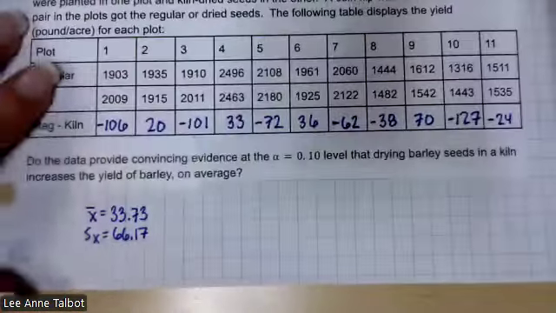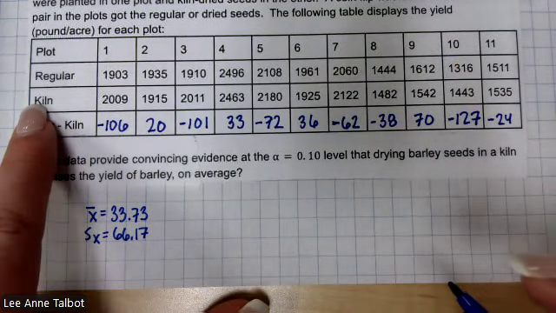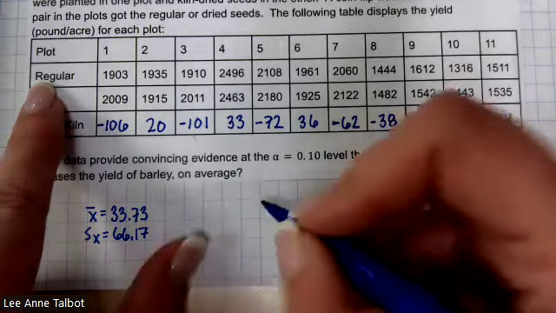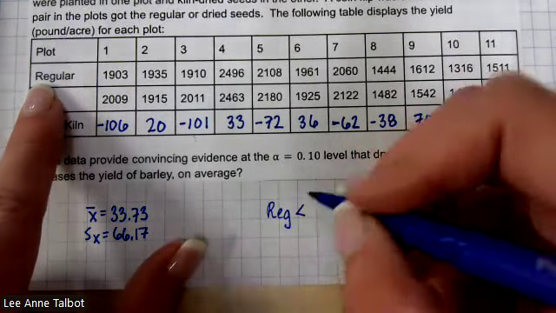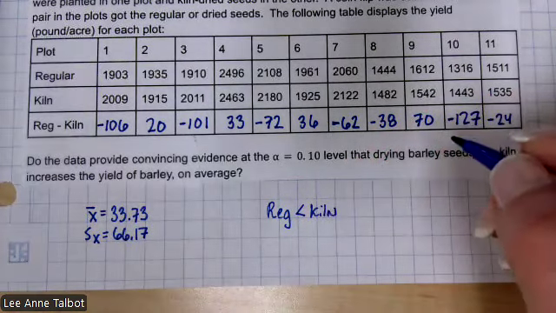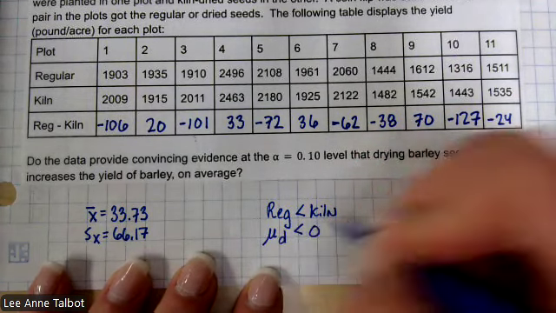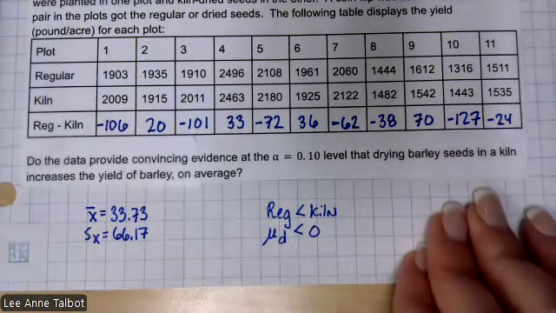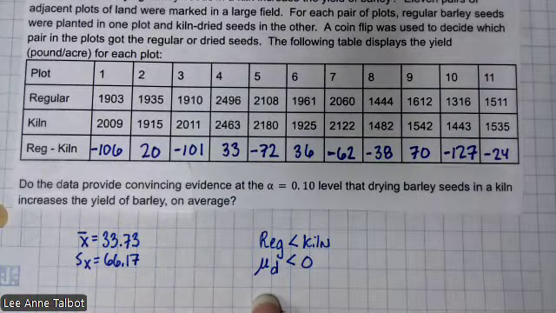Okay. So in that case, I'm gonna scroll back over here. I'm gonna say what I'm interested in is kiln being greater than regular, right? So I'm thinking regular is less than kiln. Does that make sense? Okay, so this is mu D is less than 0. You guys see how I interpreted that?